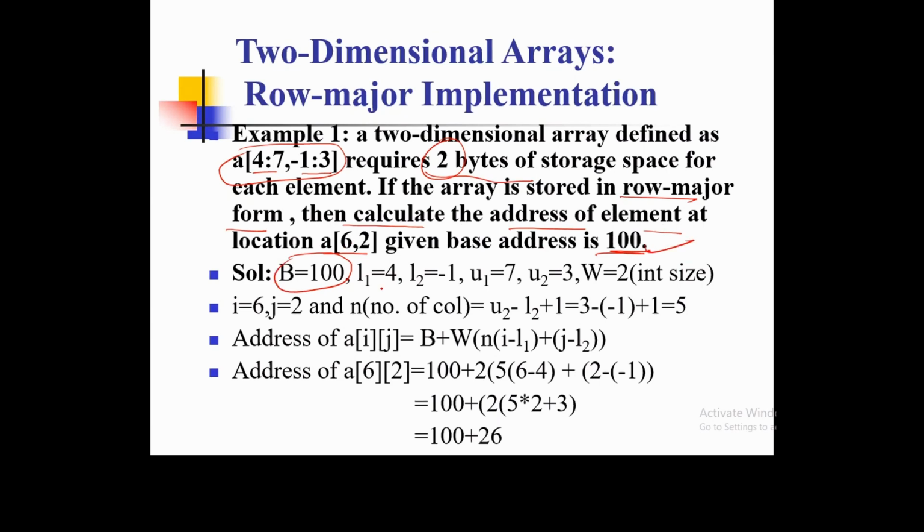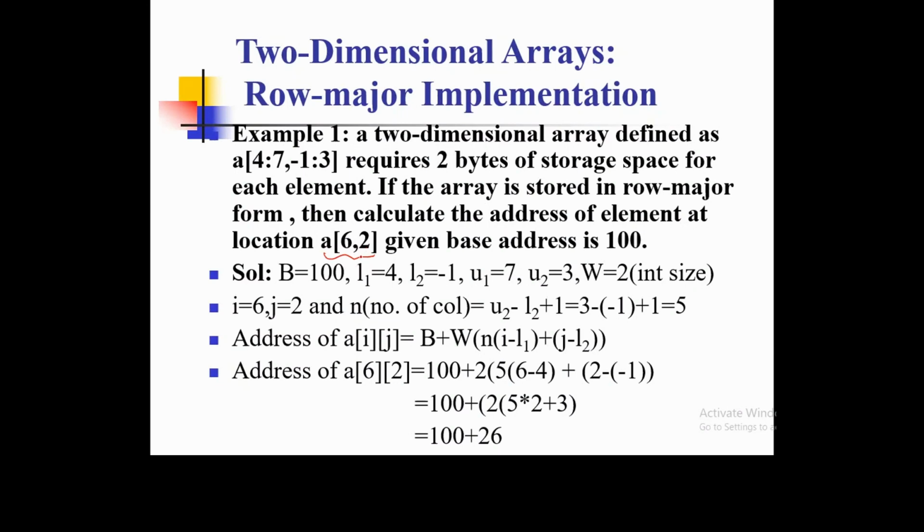We are given L1 as 4, L2 as minus 1, U1 as 7, U2 as 3, and w as 2. So we need to find the address of the element at location A62, where 6 is the value of i and 2 is the value of j.